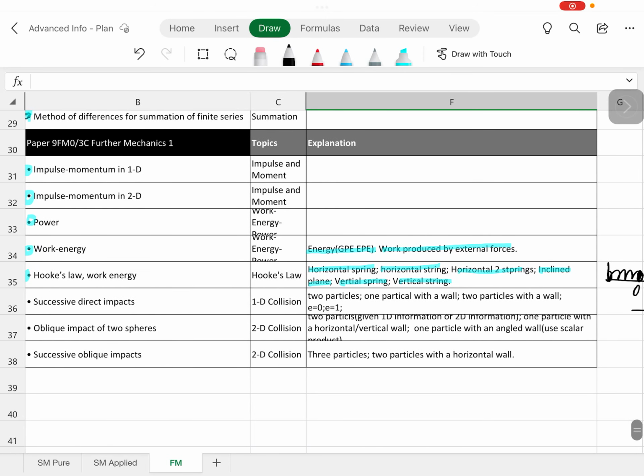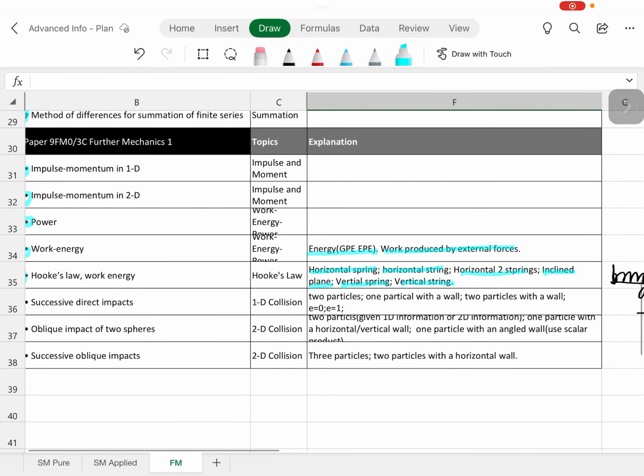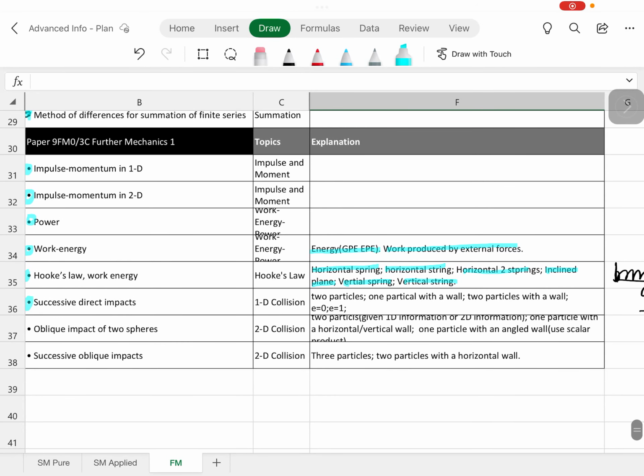Then we move on to successive direct impact. These can be two particles, one particle with a wall, or two particles with a wall. And also for the e, because e ranges from 0 to 1, when e is equal to 0, what does that imply?